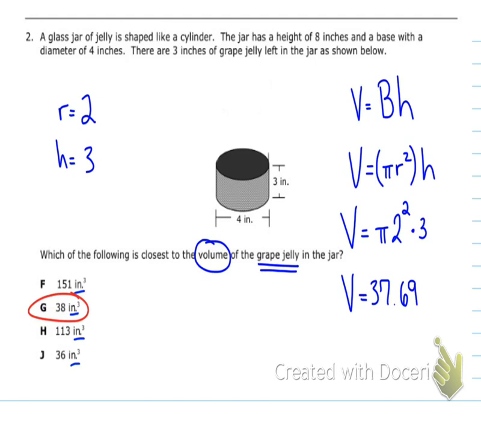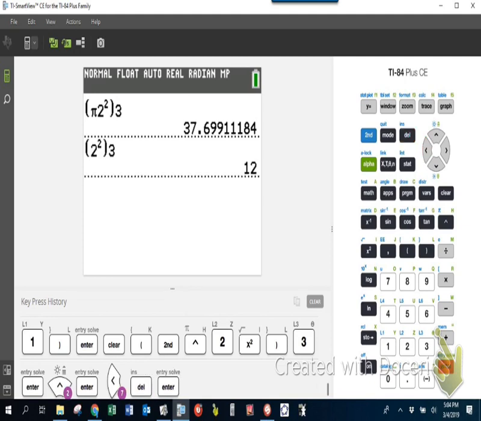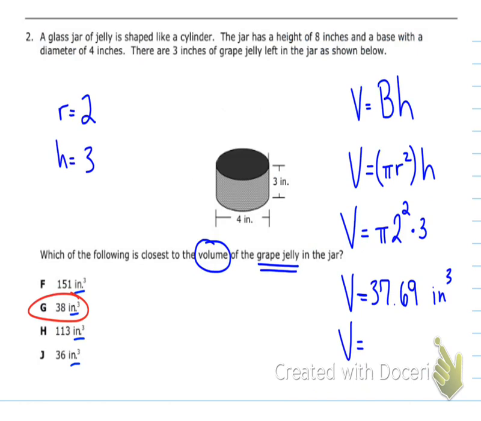Now, I do want to point out that it does happen where your answers could be in terms of pi. When I say in terms of pi, that means you're going to work out the same problem, but without your pi. In this case, this isn't helpful right now, but the answer could also be written as 12 pi.